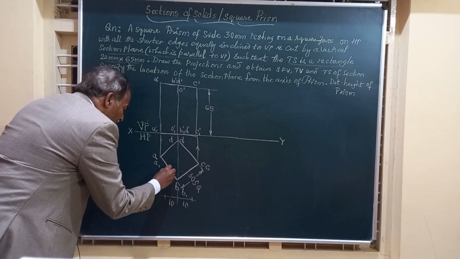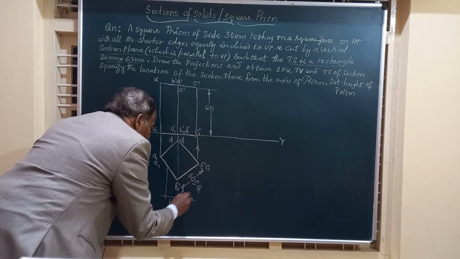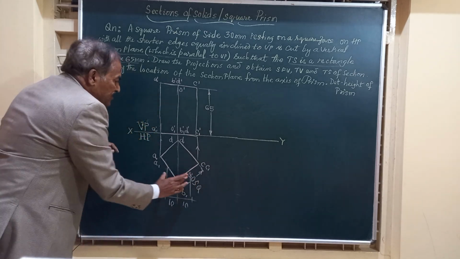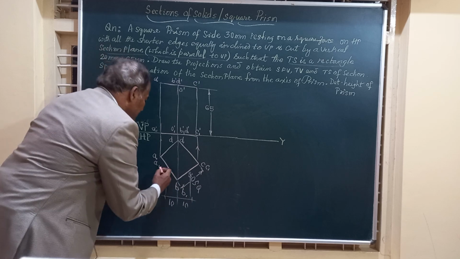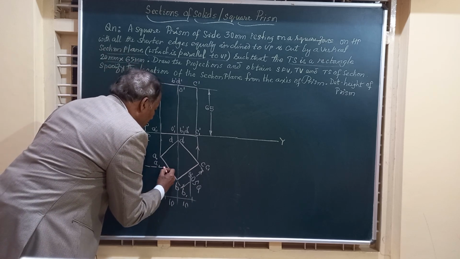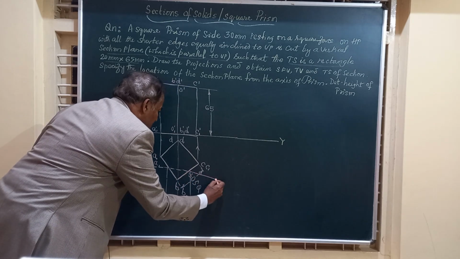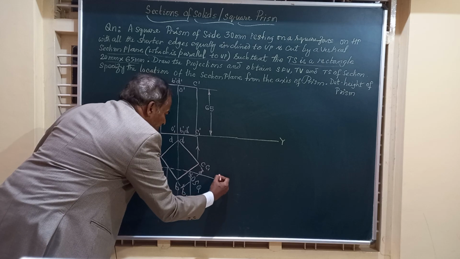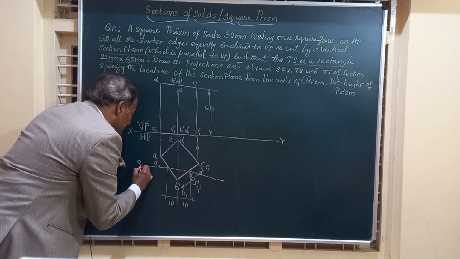So you will get one line from here, a line from here, another line from here. Friends, this gap is going to be 20 mm, 10 plus 10. Here I am going to draw the section plane passing through these. I will mark this as S and S. So friends, S and S will represent the section plane.